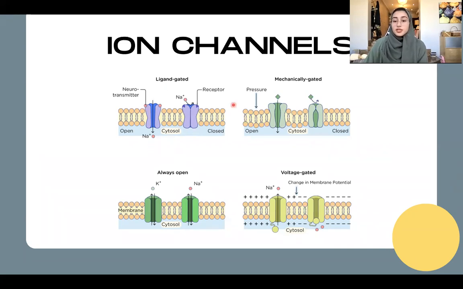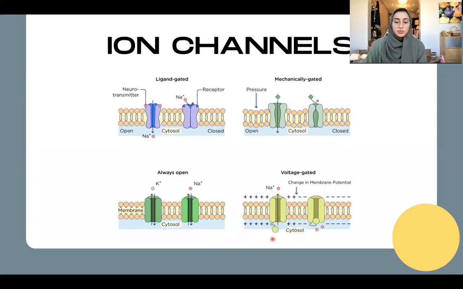You have other things that are mechanically gated, so by something like pressure. You have some channels that are always open, and these are what we consider the leaky channels, especially the potassium ones, and we're going to talk about why they're important a bit later. And so these are just always open, the channels are just present in the cell membrane. Then we have voltage-gated channels, and voltage-gated channels require a change in membrane potential.